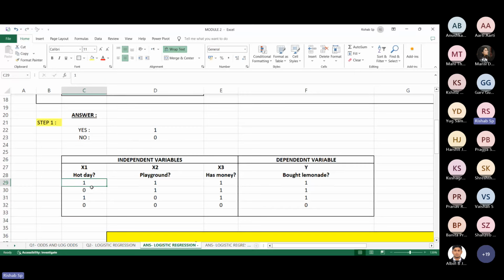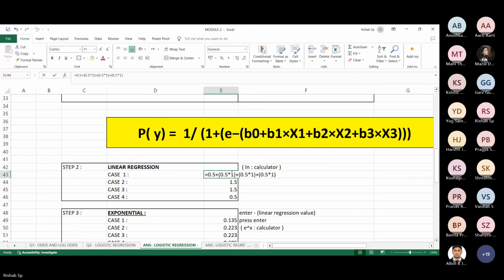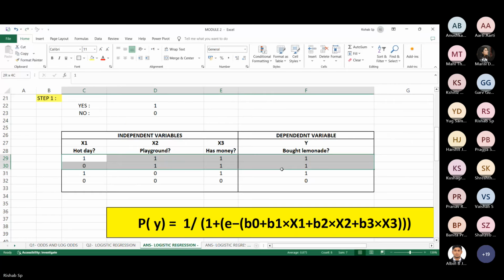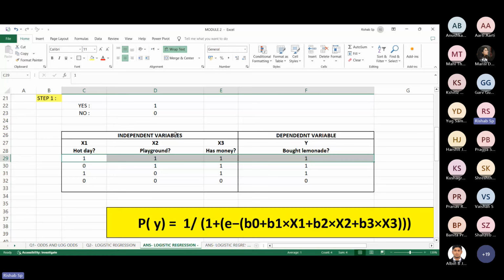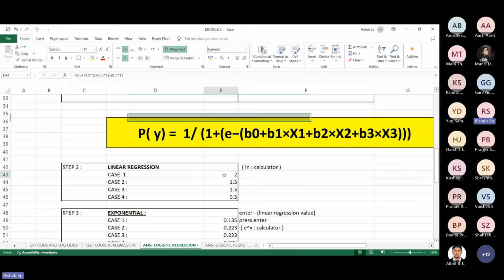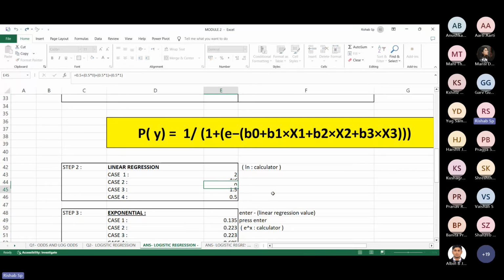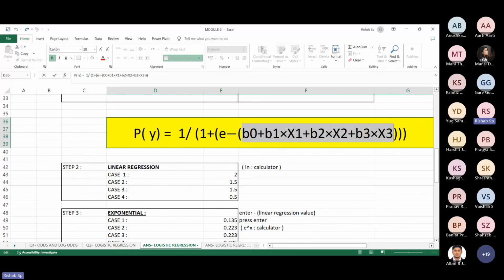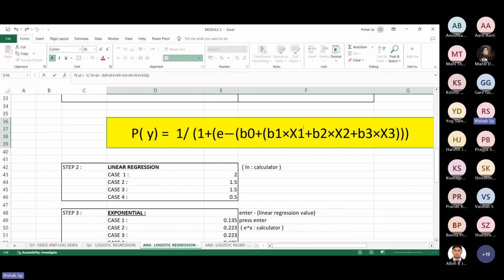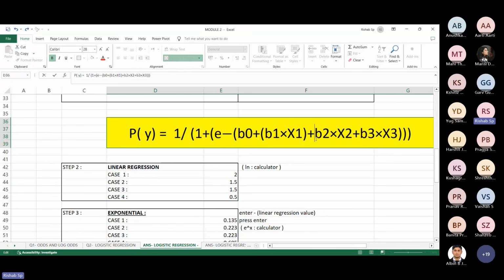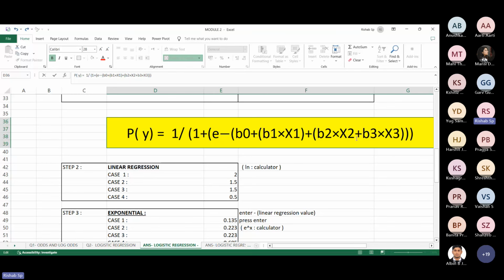Here x1 is 1, right? Same for beta 2 x2 and beta 3 x3. Case 1 is completed. What linear regression value did we get? 2. Fine. Same for case 2, case 3, and the other cases. So basically we are putting values into this equation. Simple. But be aware, it is better to put this in brackets, because if you are using a calculator, the answer could be wrong.